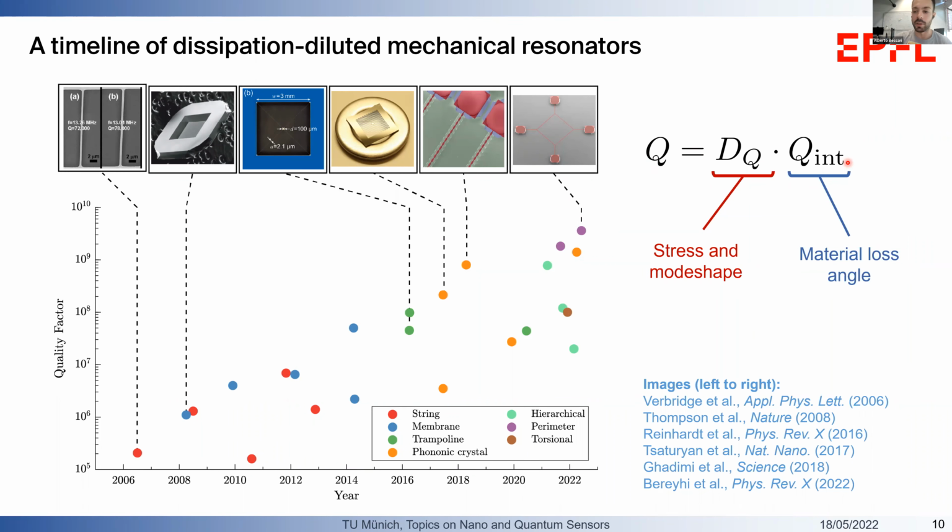And for this work that we're mostly going to talk about in this seminar, we wanted to find a way to retain a high dissipation dilution while improving on the intrinsic quality factor of the nanomechanical oscillators we fabricated, beyond that of silicon nitride, which was in general most commonly used for all these dissipation diluted mechanical resonators.